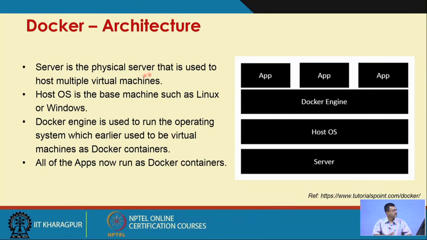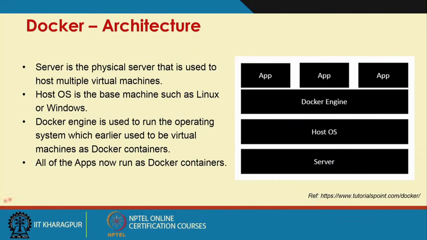Server is a physical server that is used to host multiple machines. Host OS is the base machine such as Linux or Windows. Docker engine is used to run operating systems, which earlier used to be virtual machines, as Docker containers, right. And then finally, all apps run on the Docker containers.